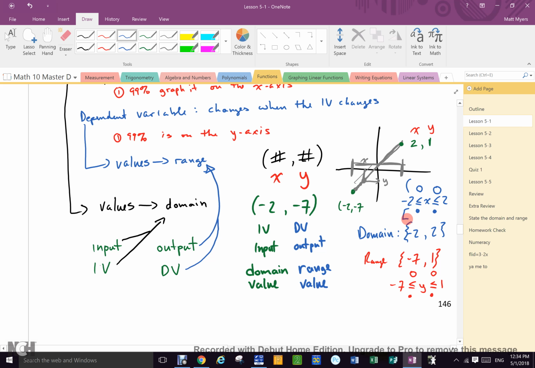If this dot here looked like this, an open dot, then this line would be just the less than sign, no equal. And we would put a round bracket by the 2. Is everybody good? That's everything we did.